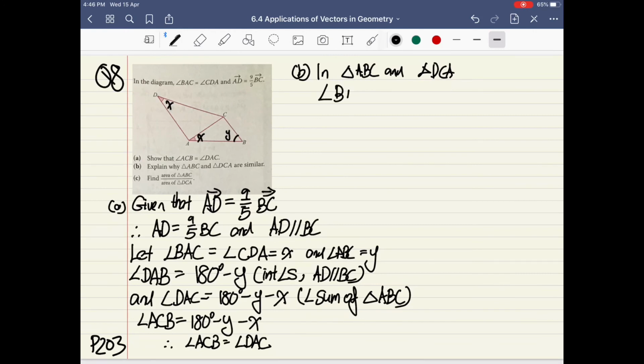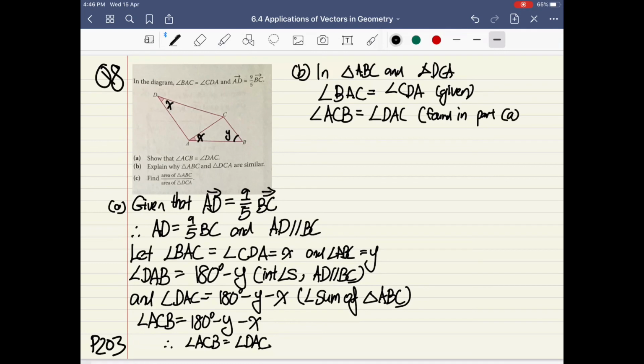So in triangle ABC and triangle DCA, I know the angle BAC is equal to angle CDA. This is given. I also know the angle ACB is equal to angle DAC.